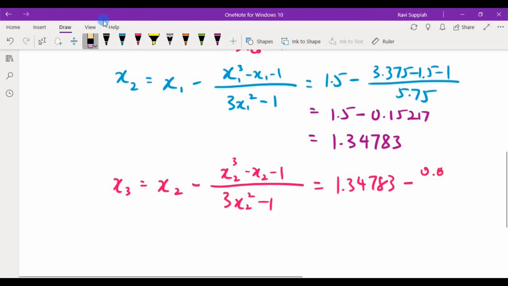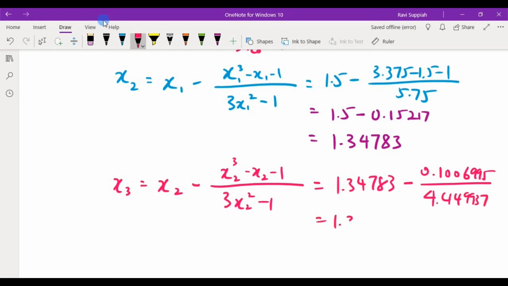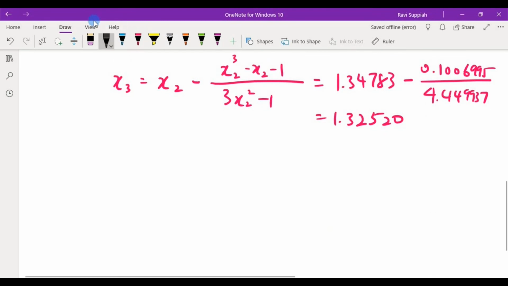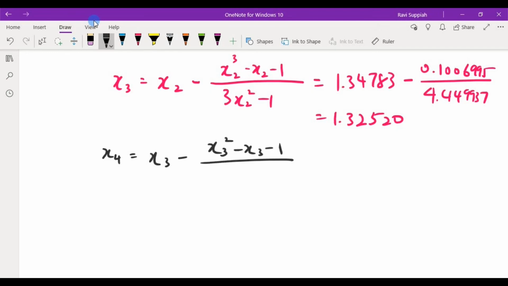I'm just going to give you the final values: 0.1006995 divided by 4.449937, and that gives me 1.32520. The next one, x4, will be x3 minus (x3 cubed minus x3 minus 1) over (3 x3 squared minus 1).